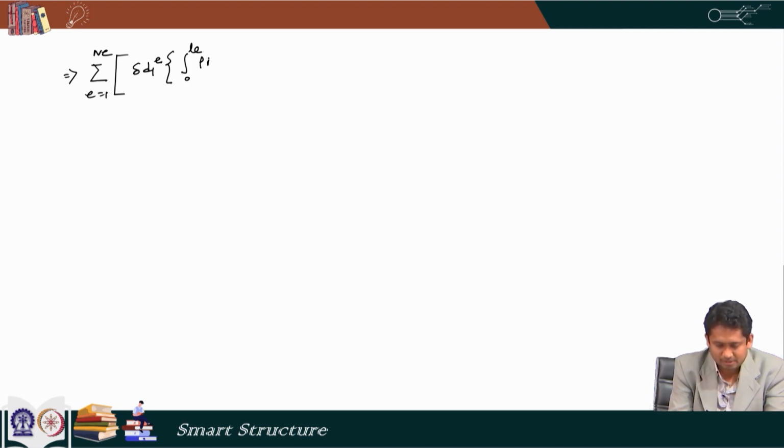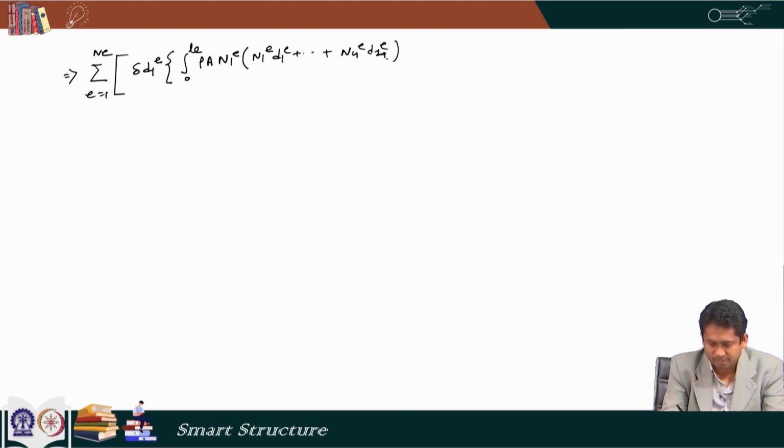So, if we do that, again it looks like this. We have delta D1 multiplied by the integral from 0 to LE of rho A multiplied by N1, and then we have N1E into D1E plus up to N4E into D4E, dx.